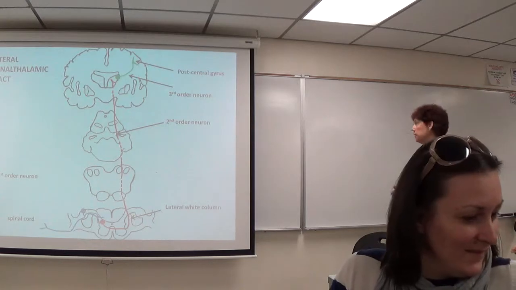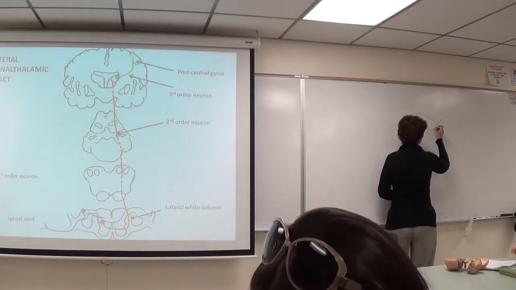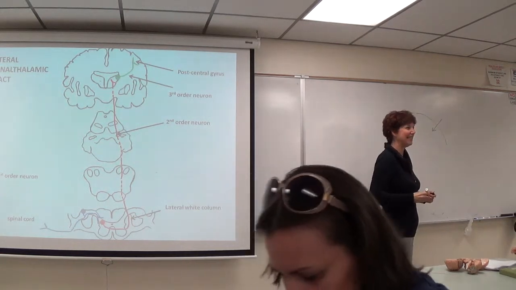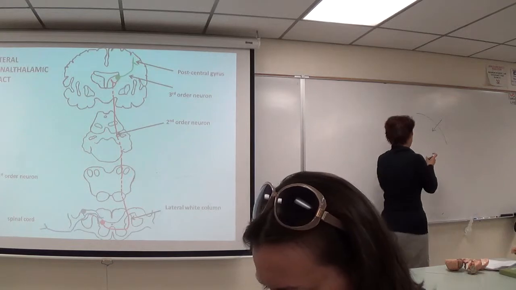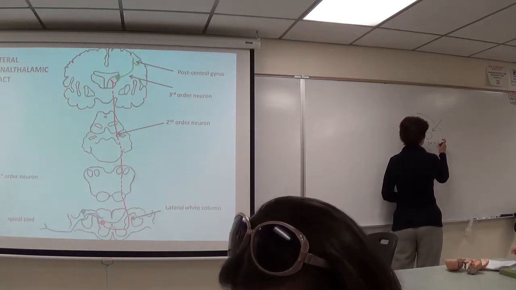what's going on here. If we have some kind of sharp object poking into the skin, we have neurons that are receptors.